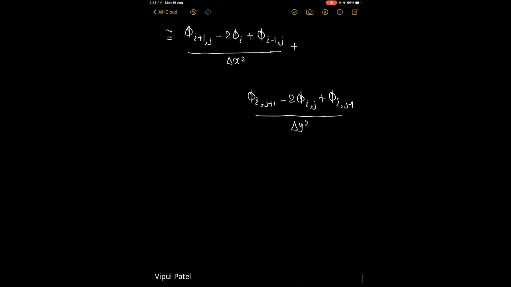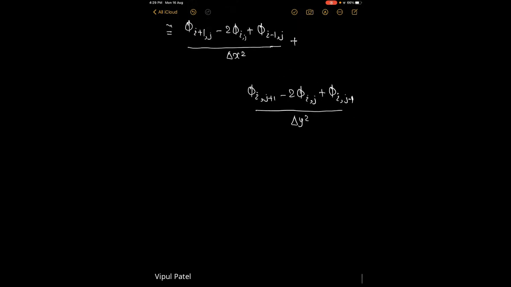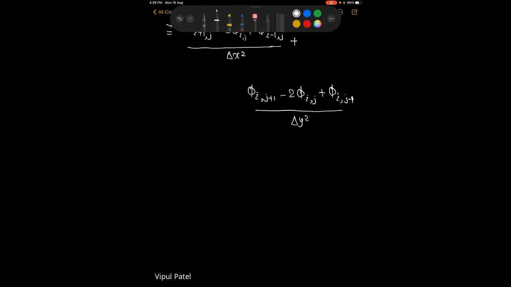Obviously, if you consider delta x equal to delta y, then you can rearrange this term and finally club the minus 2 phi ij terms together, giving a minus 4 phi ij. So in the final expression, if I want to explain the relative weightage, it will be something like this.